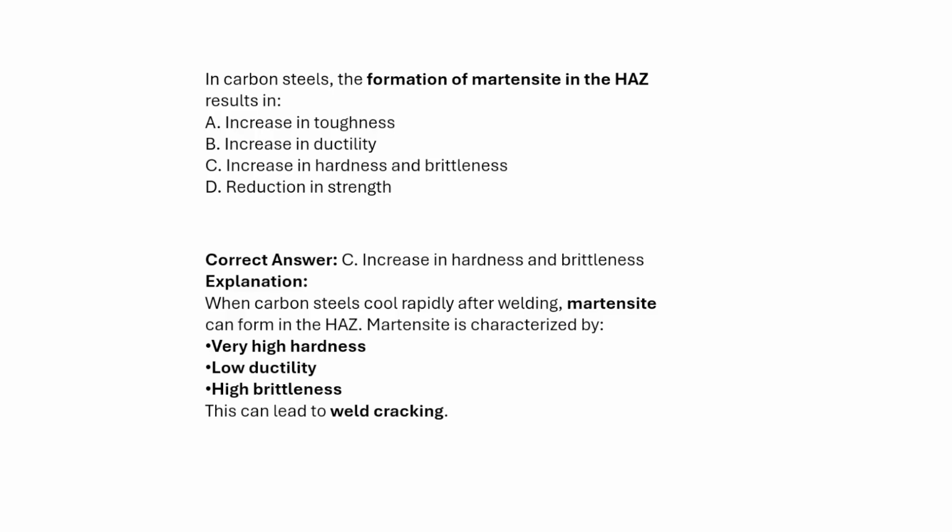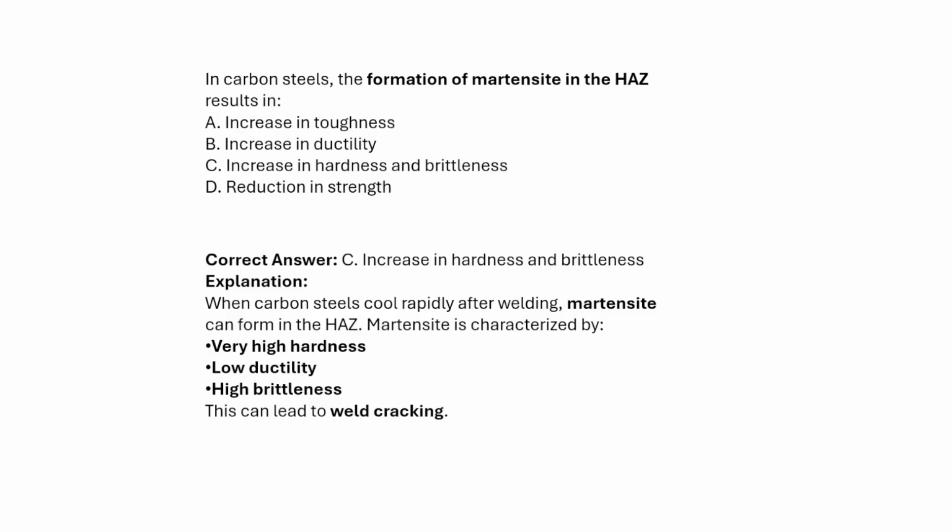So what does it result in? Martensite generally has higher hardness and brittleness. Increasing the toughness, no. Increasing the ductility, no, it will not increase the ductility. Increasing the hardness and brittleness, yes, hardness and brittleness will increase. Strength will also increase. So the answer is C, increasing the hardness and brittleness.